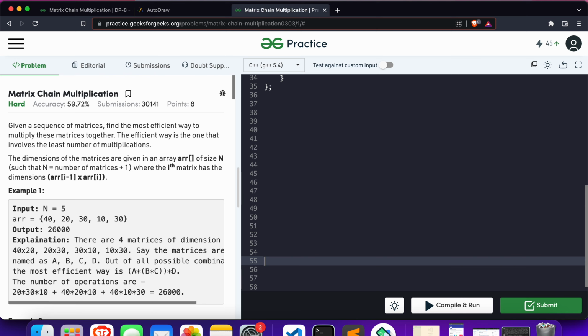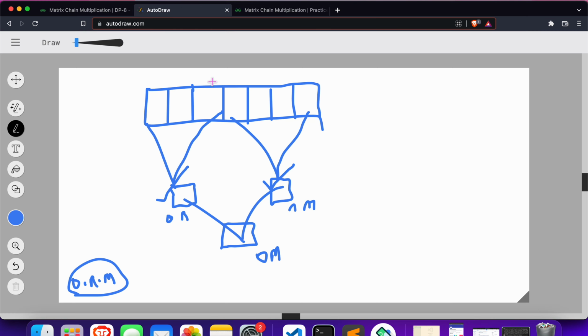So what I'm trying to tell is dp of L comma R, for the interval L to R, will be the minimum of the following. We need to loop over this array, and we need to break it.